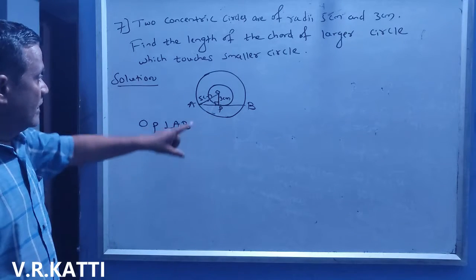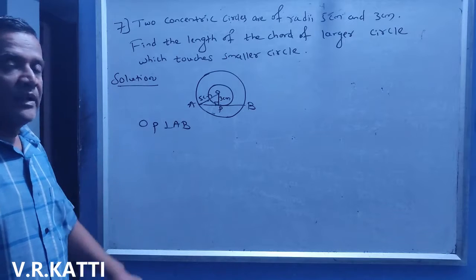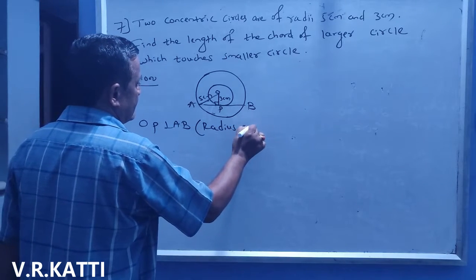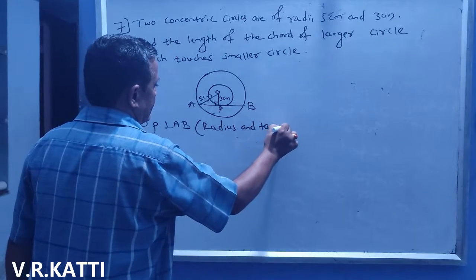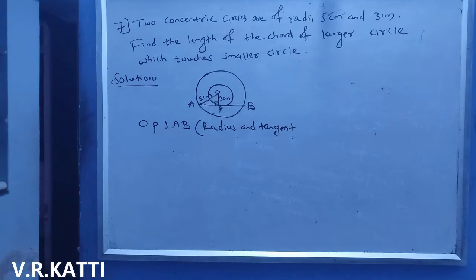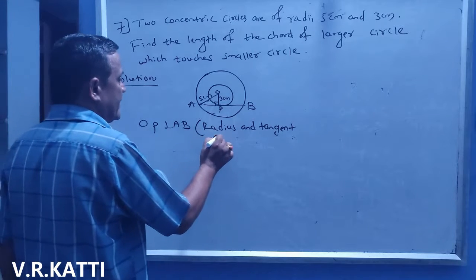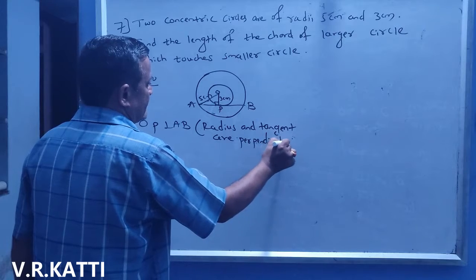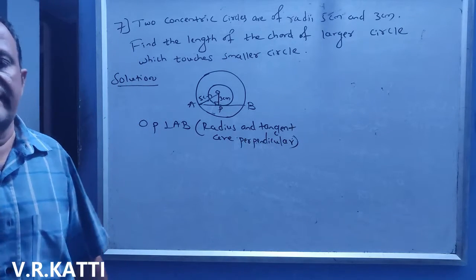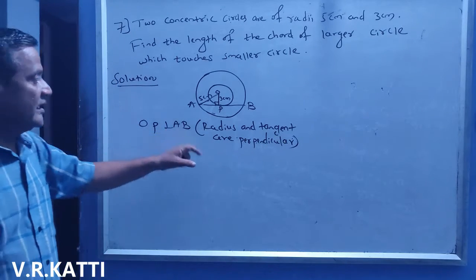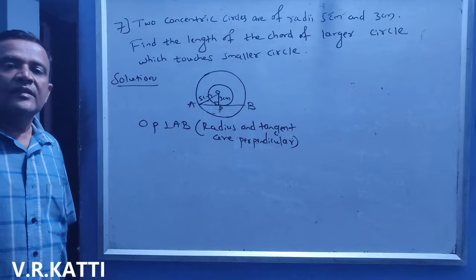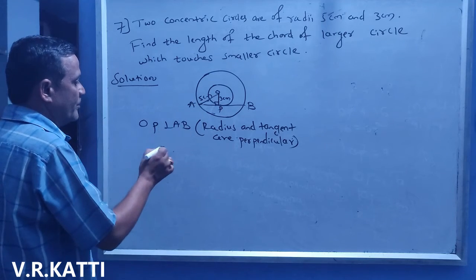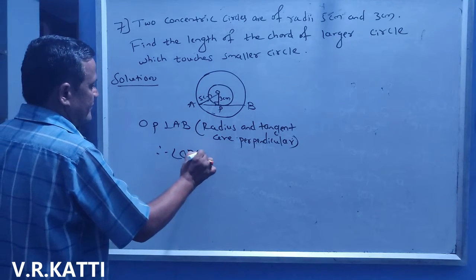So OP is perpendicular to AB. The reason is that the radius and tangent are perpendicular at the point of contact. Therefore, angle OPA is 90 degrees.